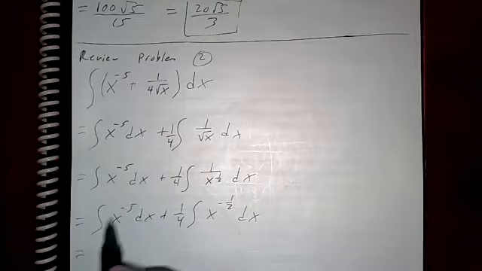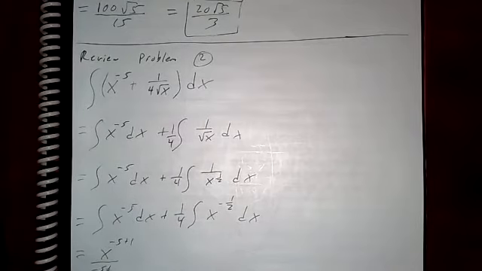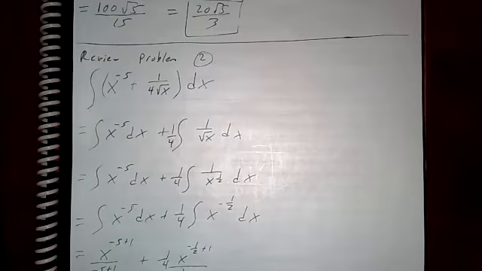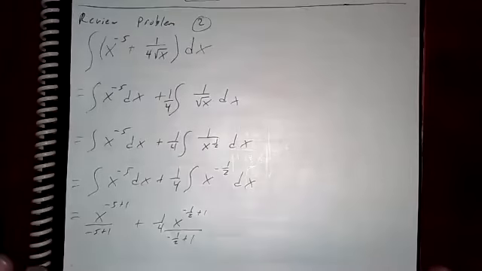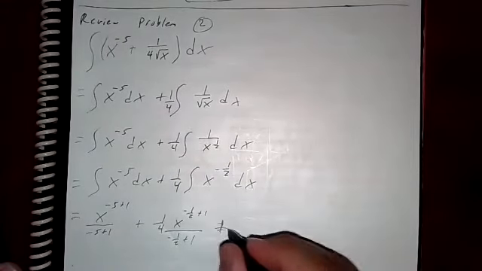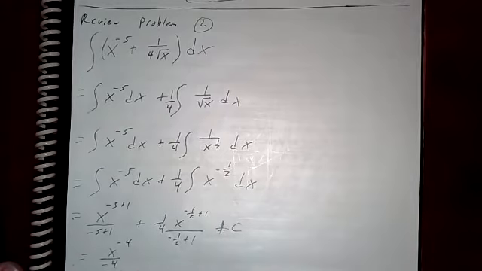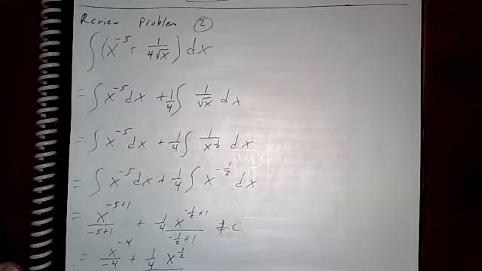Once we are ready, this will become x to the negative 5 plus 1 over negative 5 plus 1, plus 1/4 times x to the negative 1/2 plus 1 over negative 1/2 plus 1. That gives us x to the negative 4 over negative 4, plus 1/4 x to the 1/2 over 1/2.